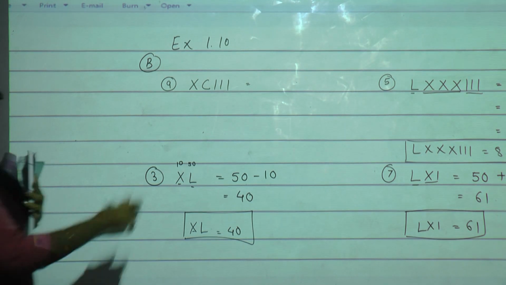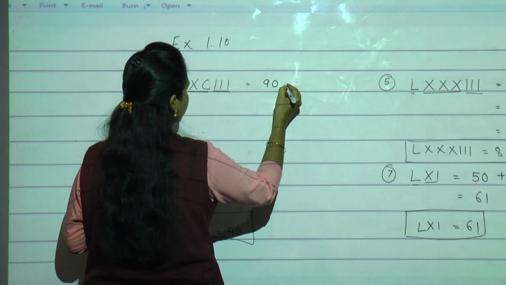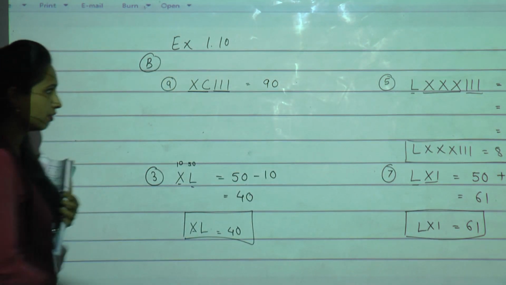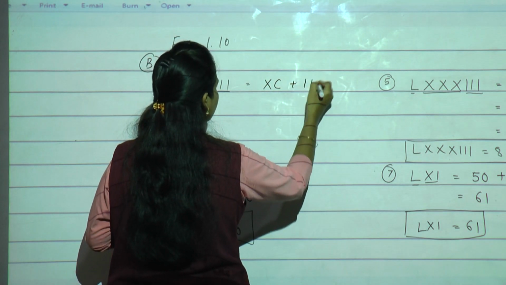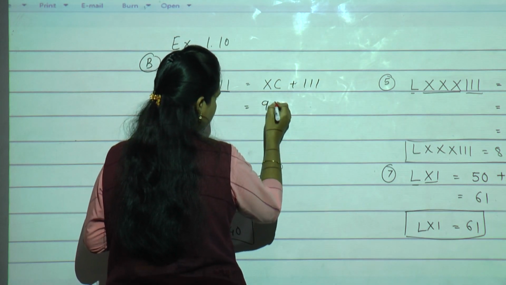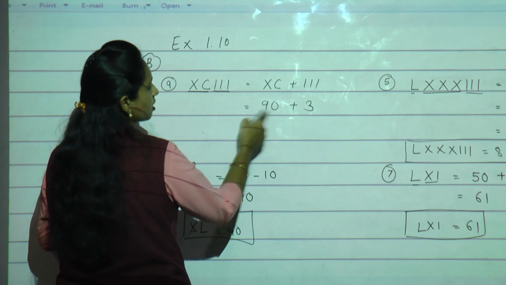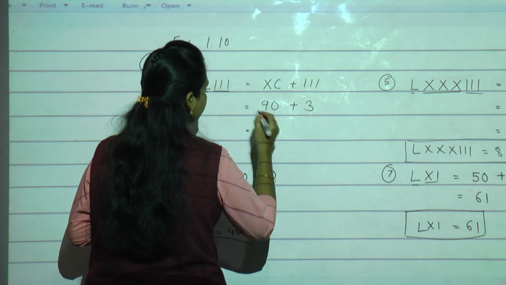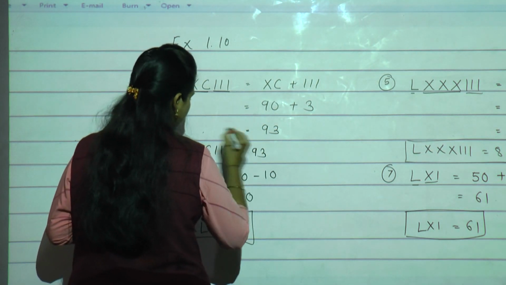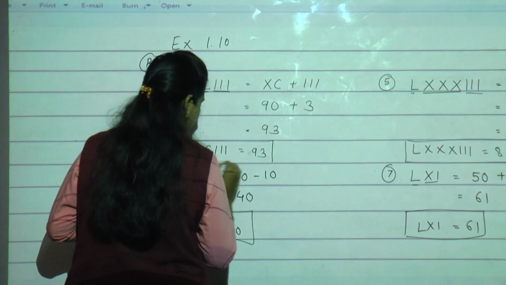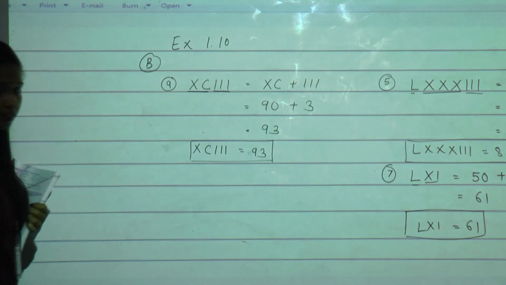So XC represents 90, and triple I means 3. First let me expand the Roman numbers. XC plus triple I. XC represents 90 and triple I represents 3. Just add these numbers together. We get 93. So write once again, XC triple I is equal to 93, and draw a nice box. Understood? Yes students?